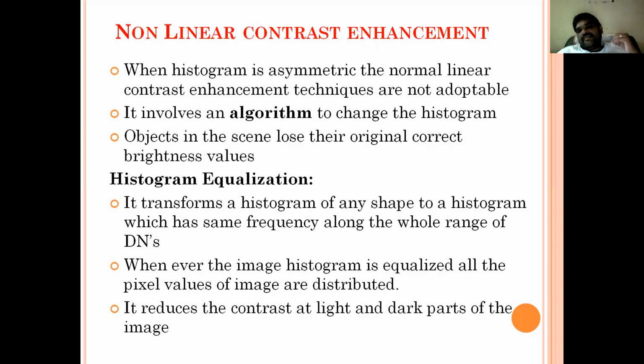Here also we have seen two categories. In the previous case, we have seen minimum and maximum stretch. Of course, other models are there, but from the syllabus point of view, here also two models we are discussing. One is histogram equalization. Histogram of any shape, here we are converting, or making it in an equalized mode.